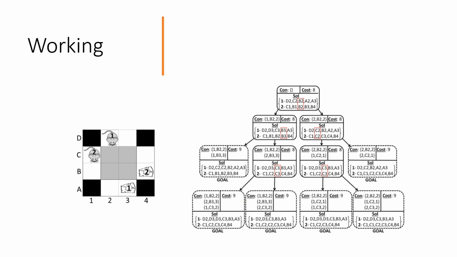There are two kinds of conflicts: the vertex conflict and the edge conflict. A vertex conflict is when two agents try to enter the same vertex at a particular time t. An edge conflict is when two agents are trying to interchange their positions. These conflicts will be resolved separately.